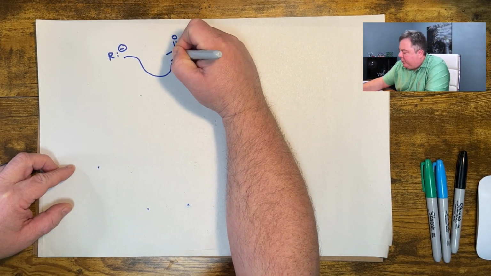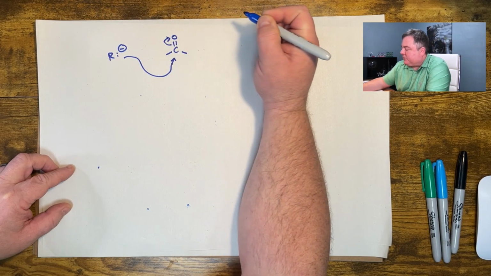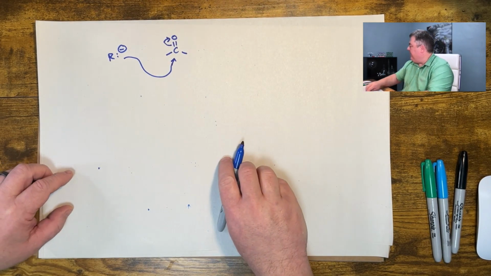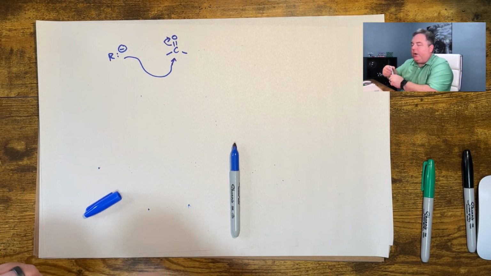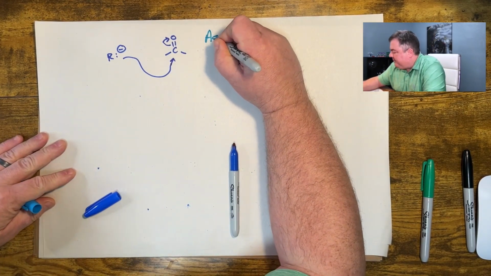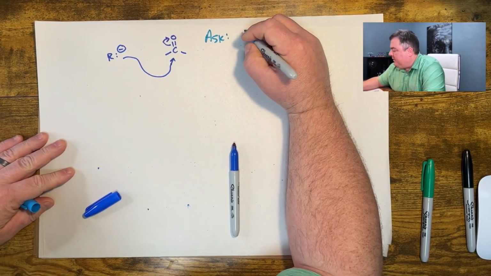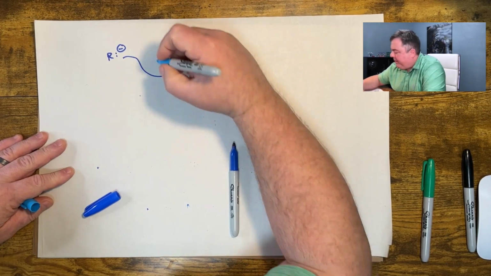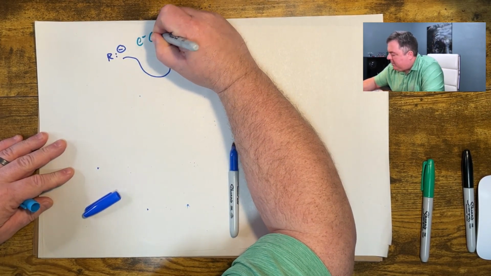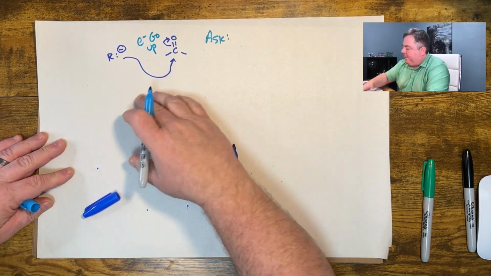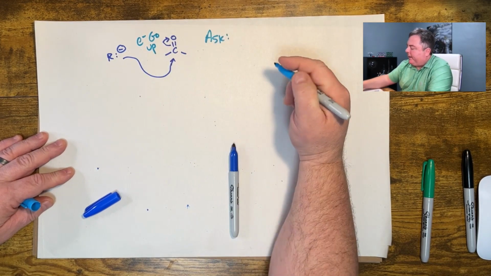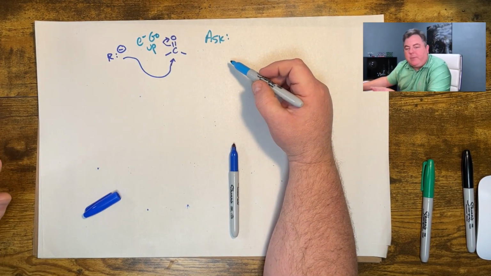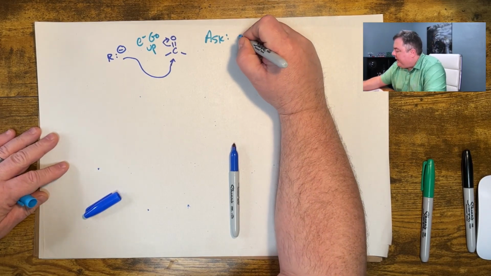And always, when you backside attack that carbonyl, the electrons go up onto oxygen. After that happens, we always ask ourselves, so the electrons go up. After we attack, the electrons go up onto oxygen. After it goes up, we always ask ourselves, can they come back down?